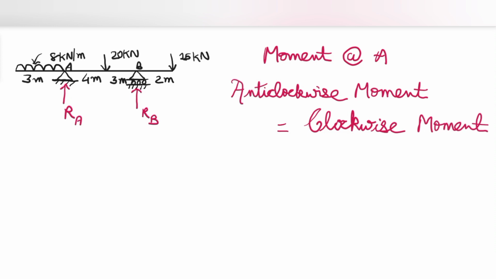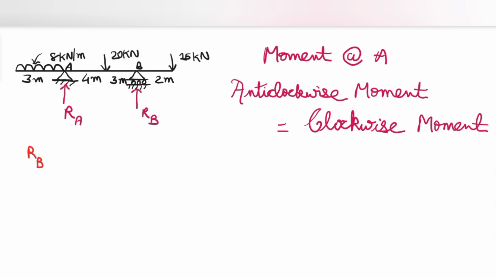So here moment at A, that is we are taking anticlockwise moments equal to clockwise moments. Let's see which are the anticlockwise moments. The first anticlockwise moment that we are having is RB, which will produce an anticlockwise moment at A. Then this UDL will also produce an anticlockwise moment at A. So we have two anticlockwise moments, one because of RB and another because of this UDL.